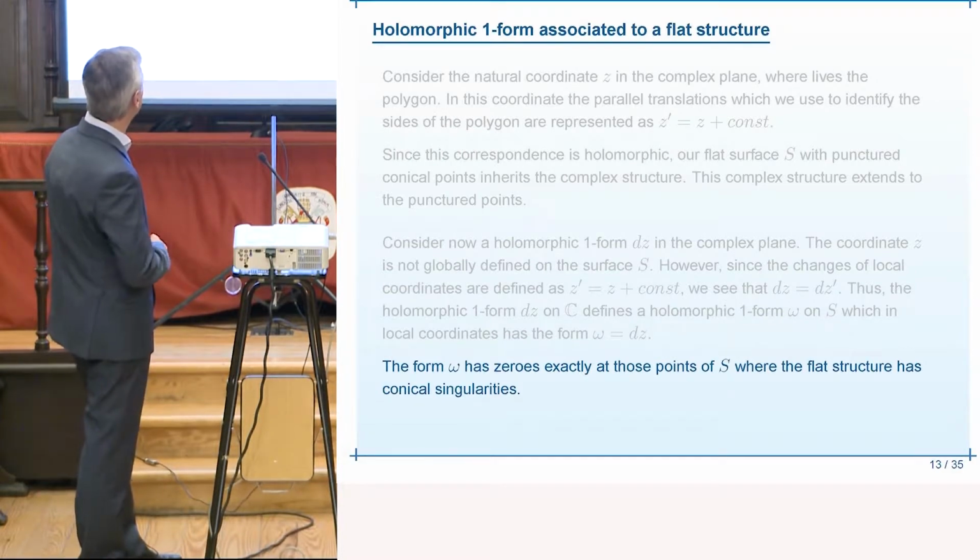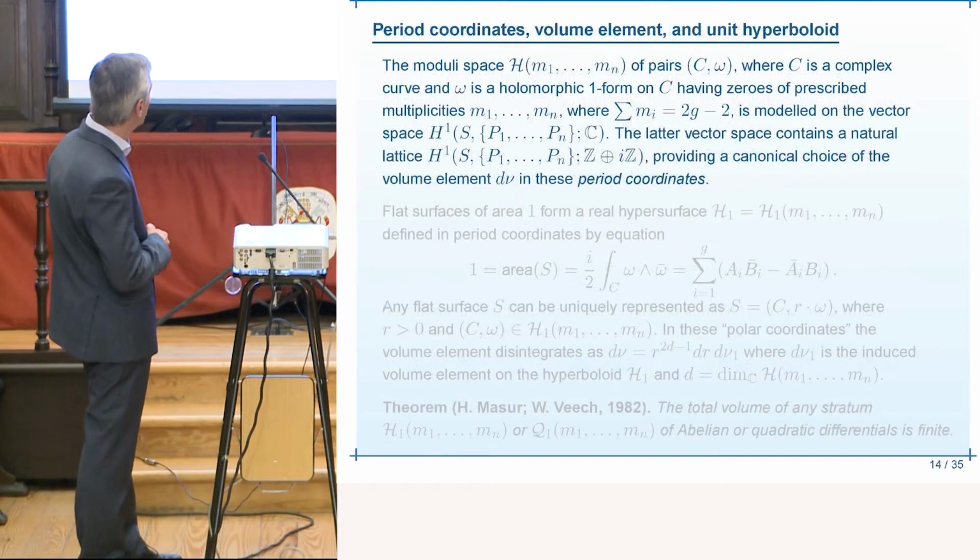It has zeros of prescribed multiplicities m1, etc., mn. As for any holomorphic one form, the sum of the degrees of zeros is equal to 2g minus 2. And this moduli space is modeled by the first cohomology of the surface relative to the collection of points. So this number of points does not change. We always consider only forms with exactly n zeros of these degrees, and we take this cohomology with complex coefficients.